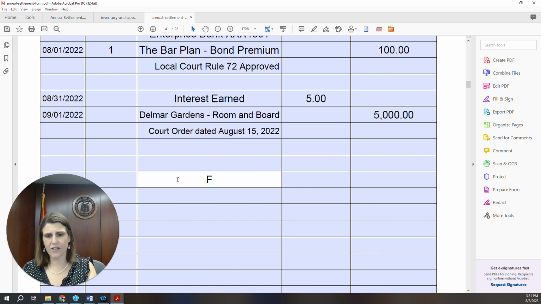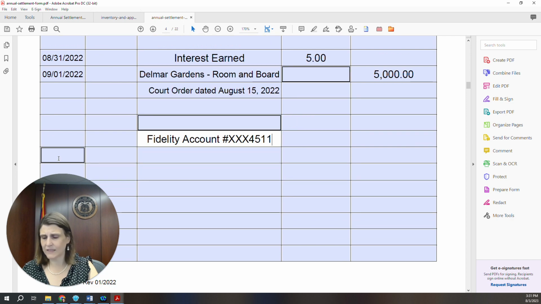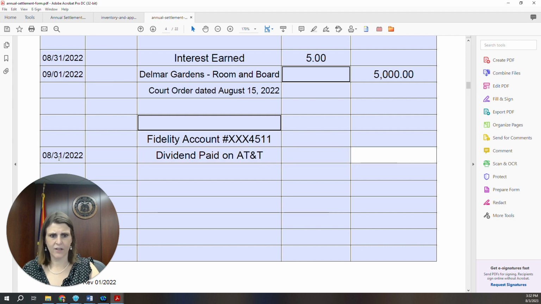And then let's just say your next item was your Fidelity account. And again, you're welcome just to use the last four, okay? You don't have to give us the whole account number on these. So we're going to go through your Fidelity account, and again, you're just going to pull your statement, you're going to look at it, and let's say that on August 31st, we had a dividend paid on AT&T, and that again was $6, okay?